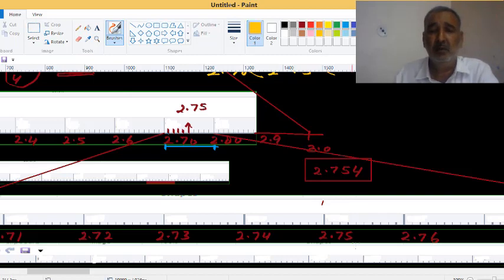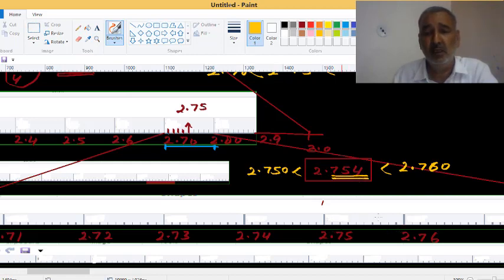Clearly this number lies here, as it is greater than 2.750 and less than 2.760. This number lies right on the number line here. It is greater than 2.750, less than 2.760, and here we have to represent this number.